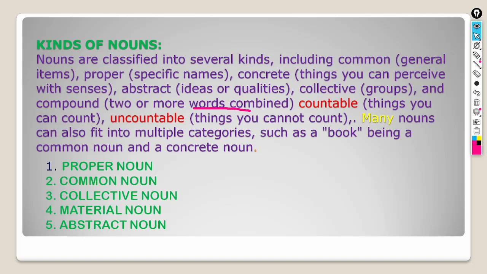Therefore, nouns are classified into several kinds. Generally speaking, there are two types of the noun. One, countable, that can be counted. Two, uncountable, things that cannot be counted.